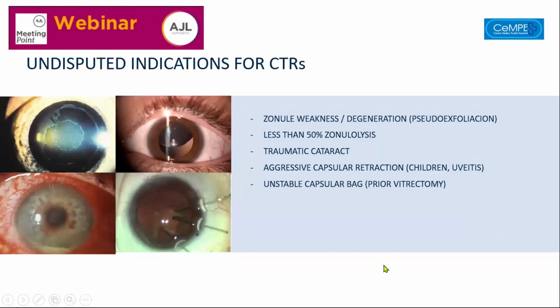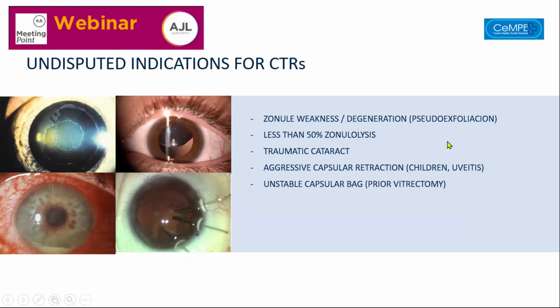Okay, what are the indications to use a CTR? The classical indications, which are undisputed because nobody is going to question the indication for these pathologies, are any zonular weakness or degeneration, like pseudoexfoliation.